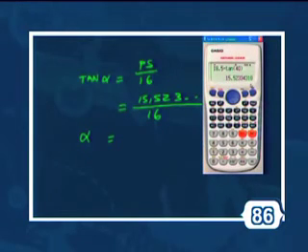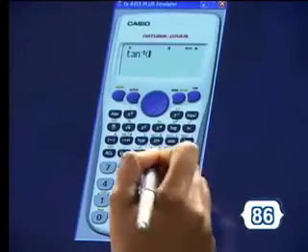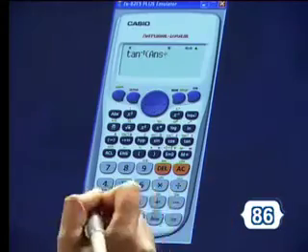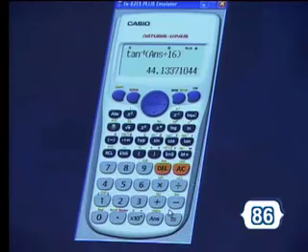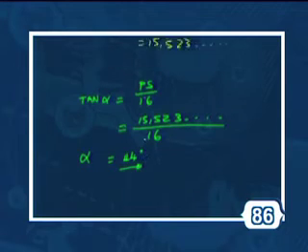So it's going to be shift tan of that answer divided by 16, close the bracket, and that gives us an answer of 44 degrees, correct to the nearest degree. So therefore alpha is 44 degrees.